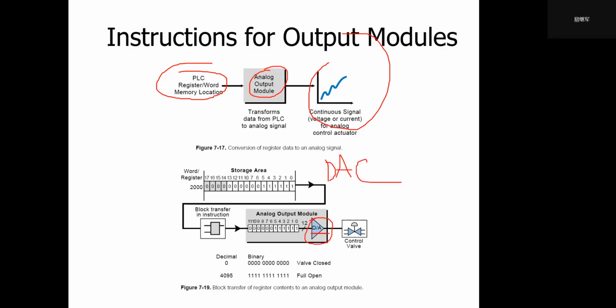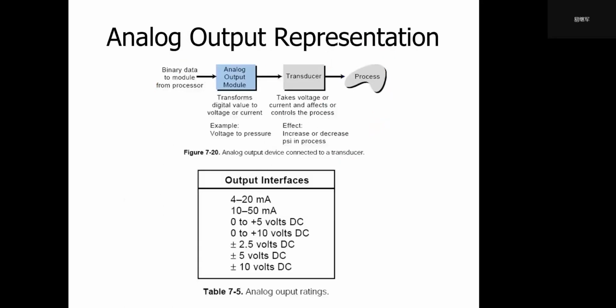Analog output representation: for the analog output we can give the output range from 4 to 20 mA current, or 10 to 50 mA current, or some kind of voltage.